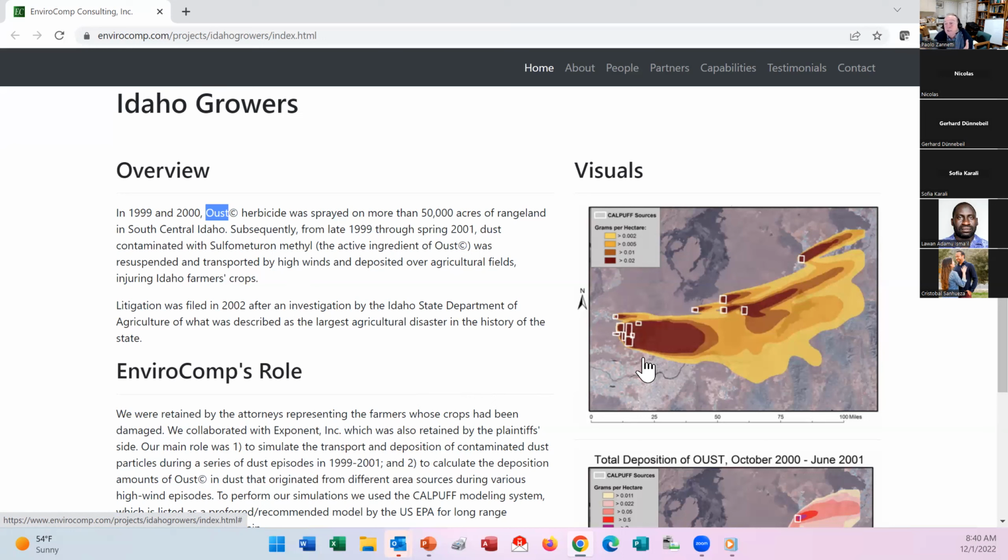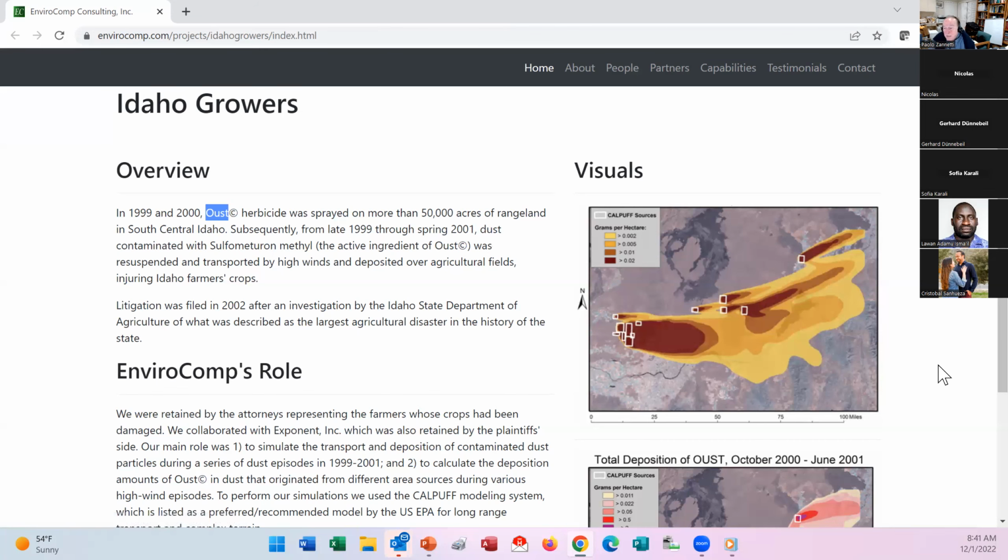So this is an extra challenge. It's not just emission and deposition. It's spray, deposition, resuspension, transport, and another deposition. So it's a very complicated set of phenomena that need to be simulated.